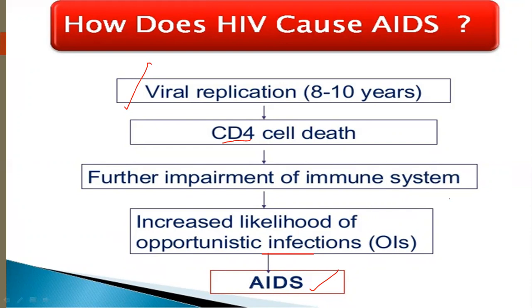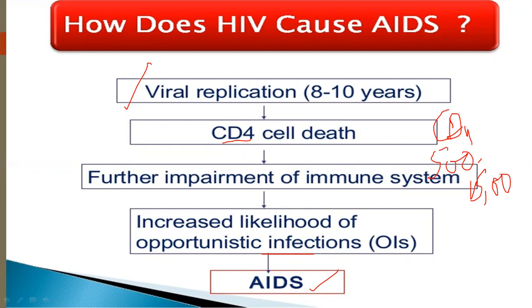In AIDS, if we just talk about a normal person, the CD4 cell count is almost 500 to 1500 CD4 cells per ml of blood.